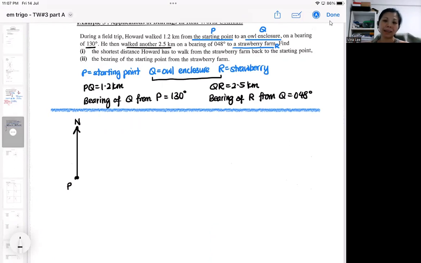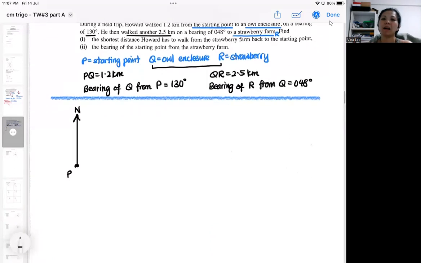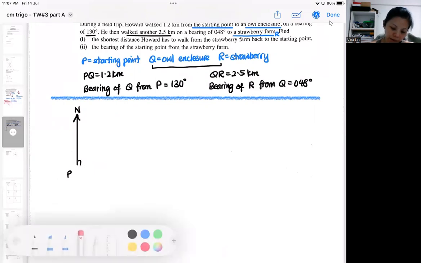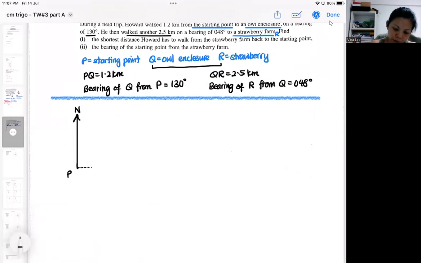And then you need to estimate where 130 degrees is. So somewhere around here, this will be 90 degrees. So we know how a 90 degree angle looks. If you think about 130, it should be more than 90. So you can use the 90 degrees to gauge. And then 130 will be somewhere like this.